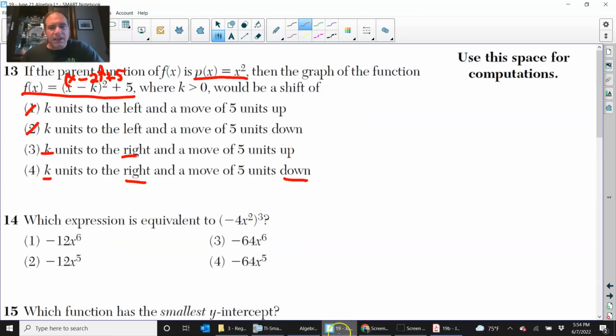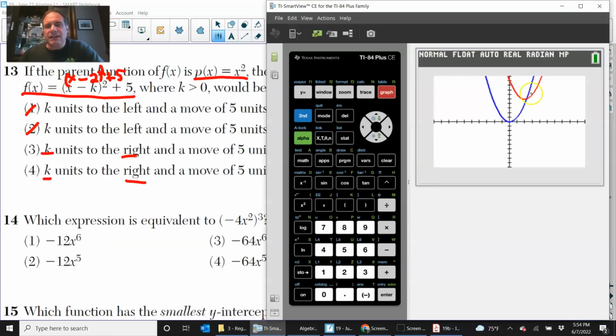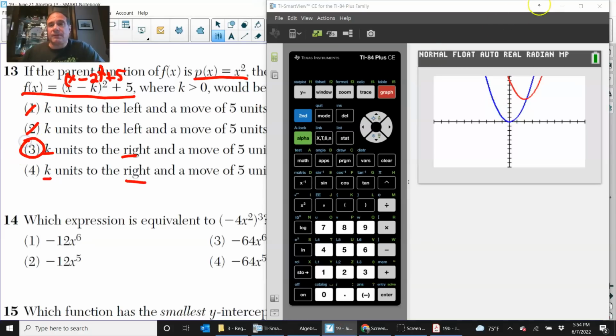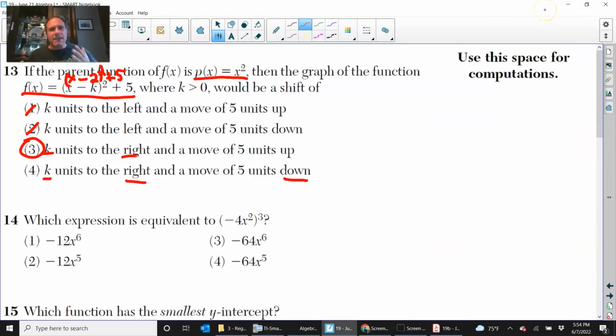Take a look at your calculator, and you could see it did not move down. The red graph is the f of x graph, and that's not moving down. That is moving up, and that means 3 is your answer. Right? So just kind of make up your own number for k, put it in there, see what happens. That's basically it.